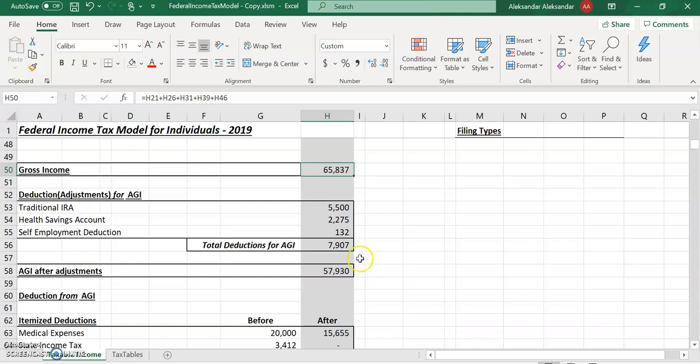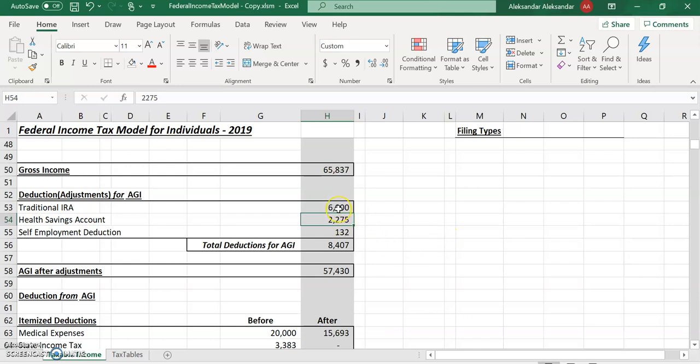And we get to the part where we can do certain types of deductions. It's advisable to have either a Roth IRA or a traditional IRA, and for 2019 you can do a total of 6,000 contribution.